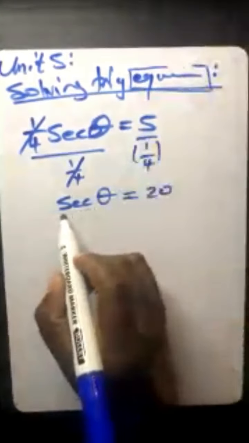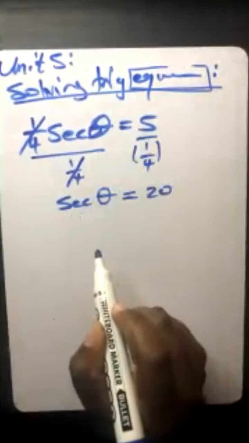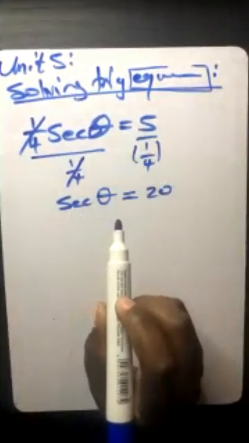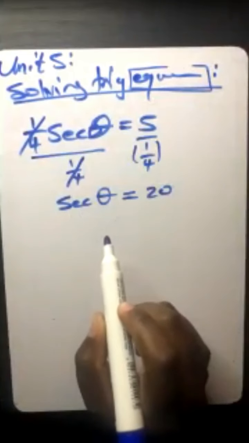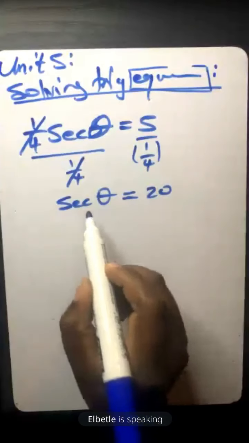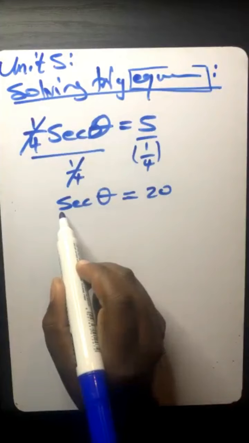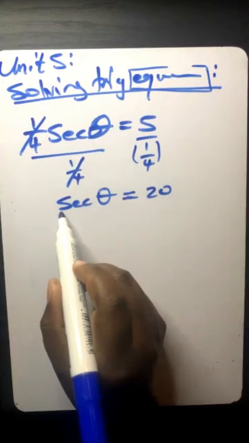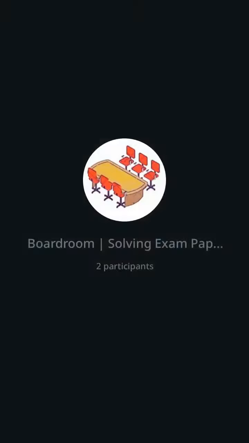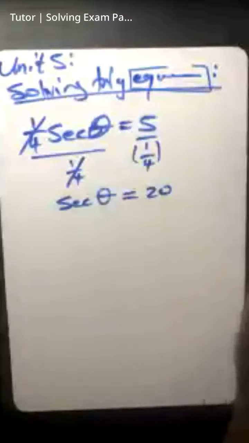Remember, LB, you cannot work it out as sec. You need to convert it to that normal ratio. It's confusing. So when you have sec, when you have cosec, write it in its normal form.